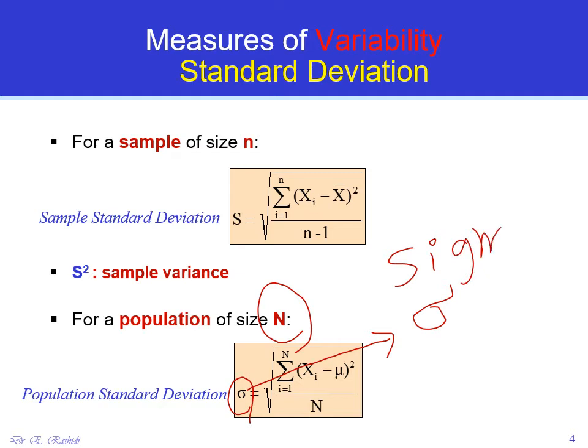And it's actually similar to what we had before for the standard deviation of a sample, except that we use the mu here. This is called mu, and it's shown by this Greek letter mu. So the average of the population is mu. We use mu to represent the average of the population, and then we divide that value, the summation, by capital N.